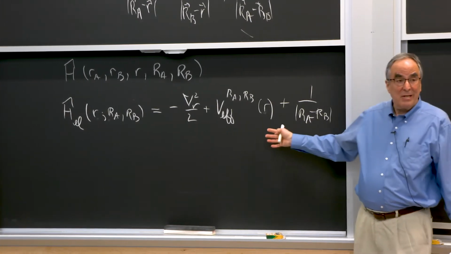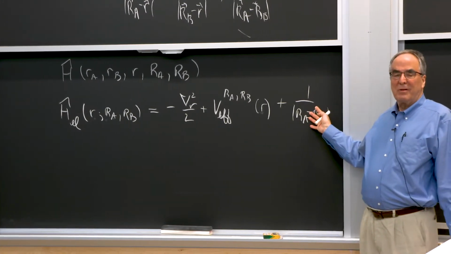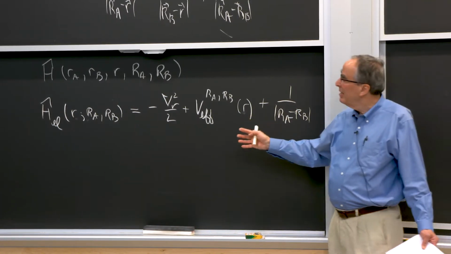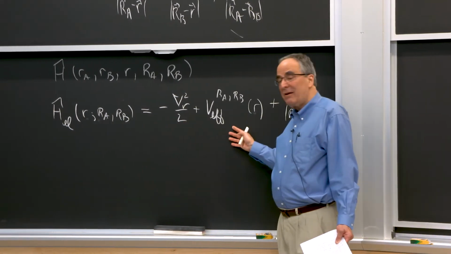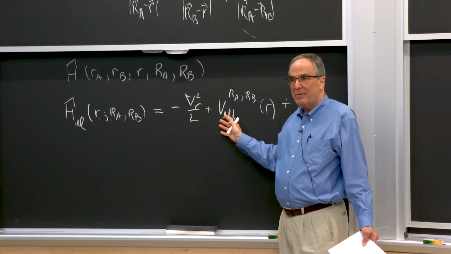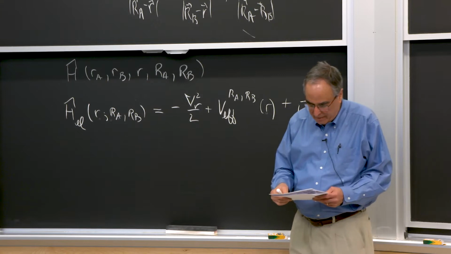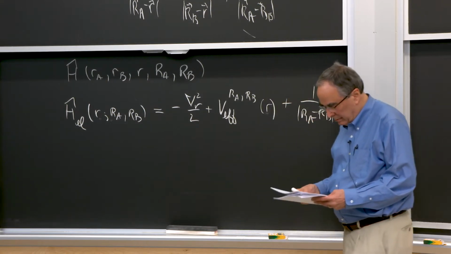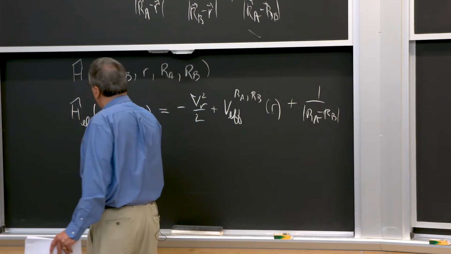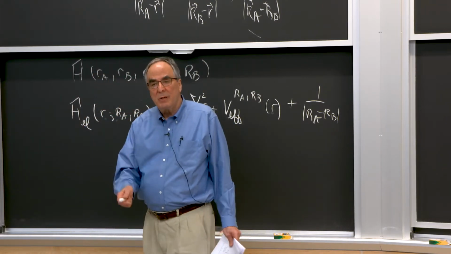So this is a lot nicer. We could also sort of forget about this. I mean, it's there, but it's a trivial thing that we can add in. So we have basically the kind of problem we like, a kinetic energy problem and a potential energy problem. So we're going to take this approach, and we're going to learn how to apply it to the simplest system.